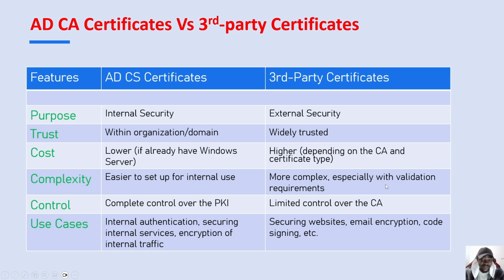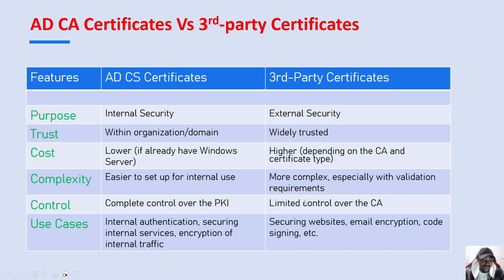More complex here depending on the validity requirement, and the complexity is also related to the type of certificate. So remember that depending on the type of certificate, the requirement and the validation steps will depend. Talking about the control, if you are implementing your ADCS on-prem, it means you have complete control over that public key infrastructure. While if you are buying it from a third party, you have very limited control.